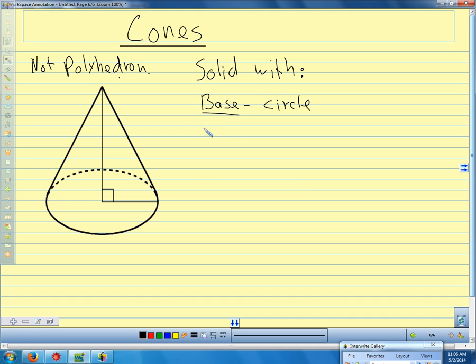Lateral surface. Our lateral surface is just a curved surface, and we'll talk more about what that curved surface is in just a second. So our base is this circle. Our lateral surface is this curved surface.